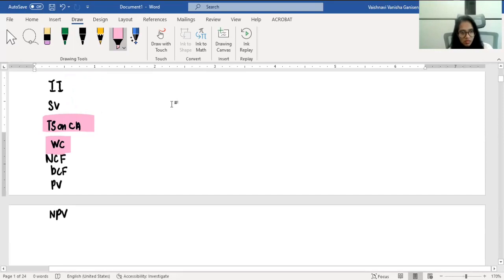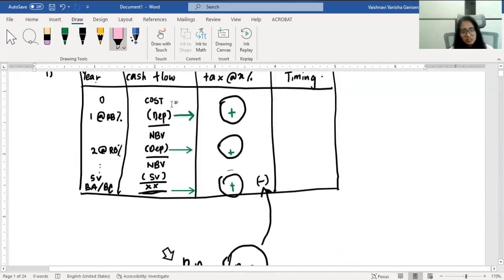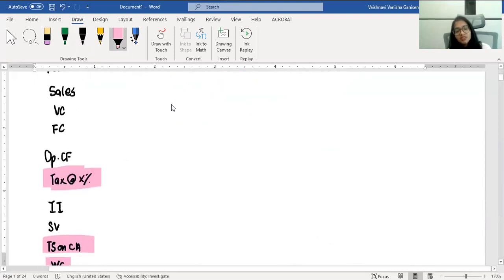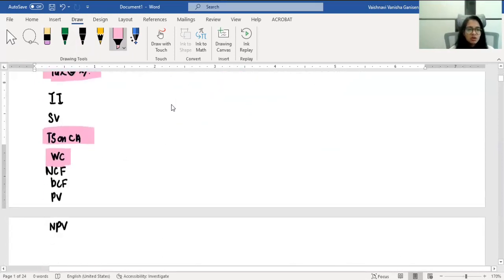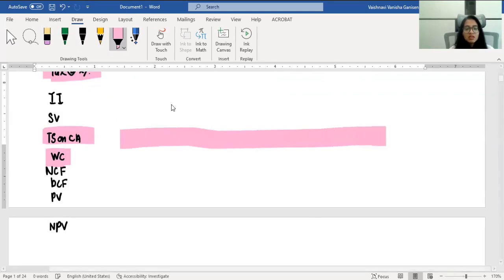Now, this amount here will be a positive value in this row. Okay. So if your tax pay in year one, you will show this in year one, so on and so forth.